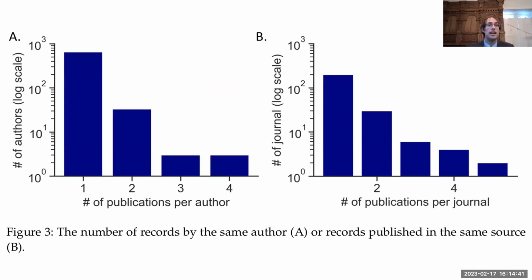The number of publications per author is really skewed, with most authors appearing in this data set having one publication meeting our criteria. Only a few had 2, 3, or 4.